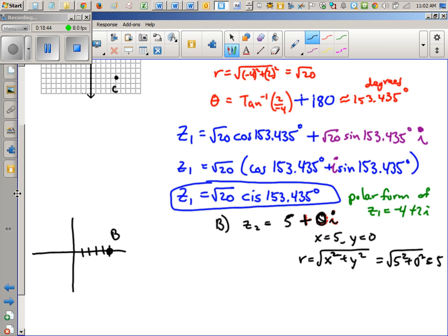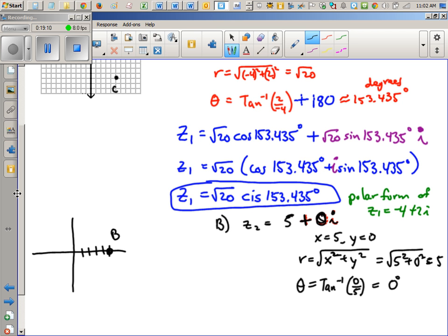What does it mean? It means this point is how far away from the origin? 5. Did we really need a formula for that one? No. Okay, fine. Theta is inverse tan of y over x. Now my calculator says 0. Can I trust it? Yes, I can.